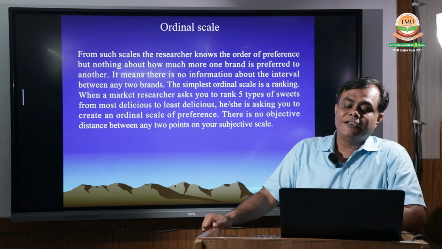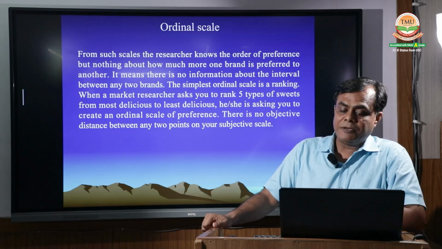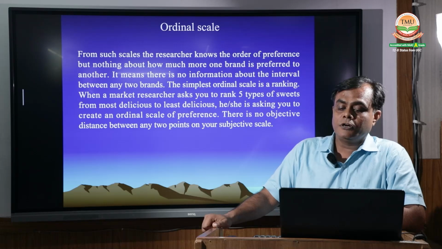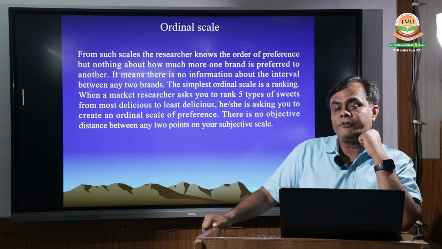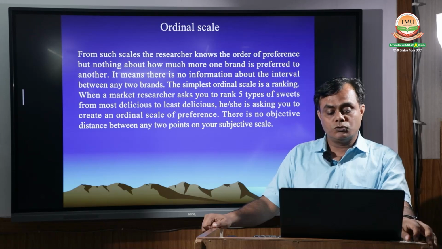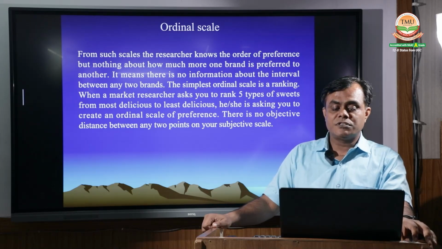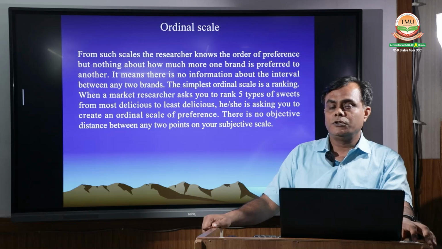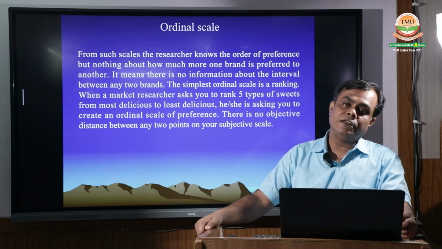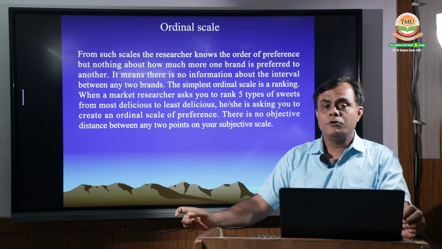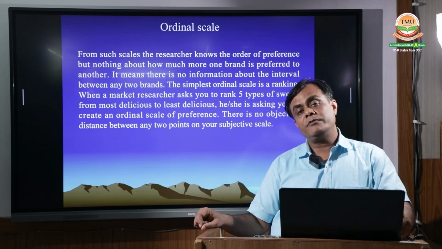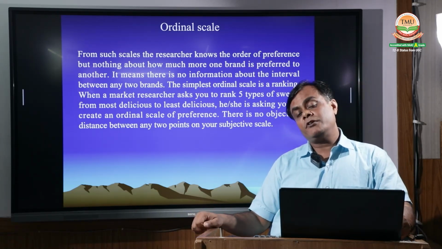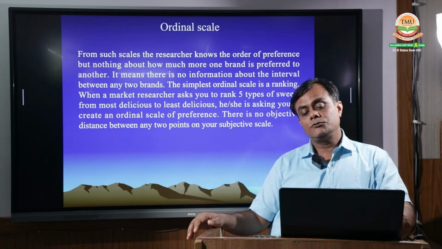He or she asks you to create an ordinal scale of preferences, and there is no objective distance between any 2 points, it is your subjective scale. In an ordinal scale there is no fixed distance, we cannot measure it on a numerical value, we just prefer one over another.